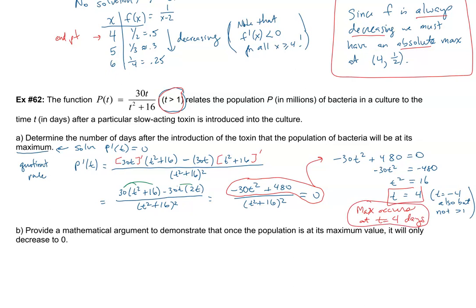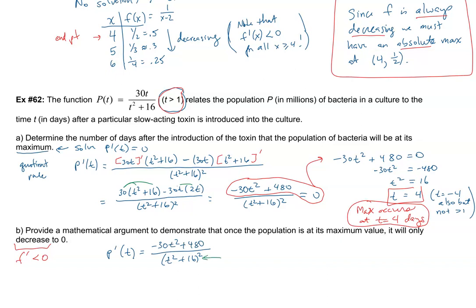All right. Now for part B, provide a mathematical argument to demonstrate that once the population is at its maximum, it will only decrease to 0. That could be decreasing. We know that that's first derivative less than 0. So we can look at our first derivative and talk about whether this is positive or negative.